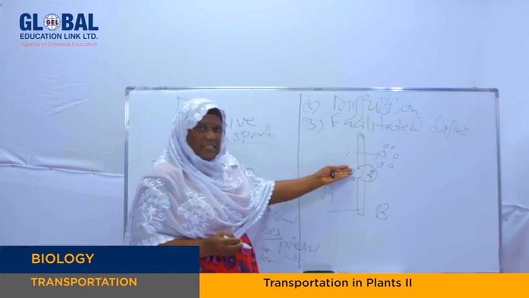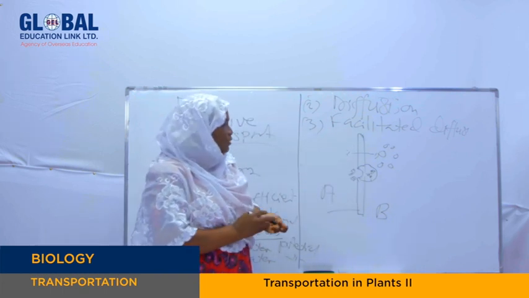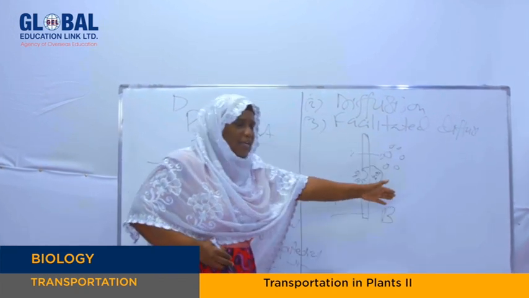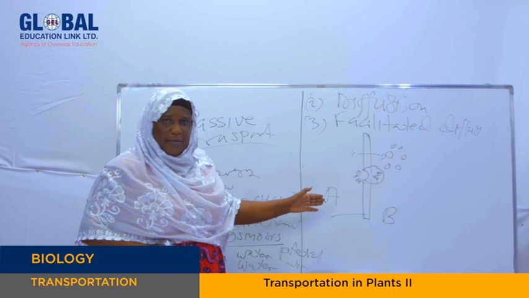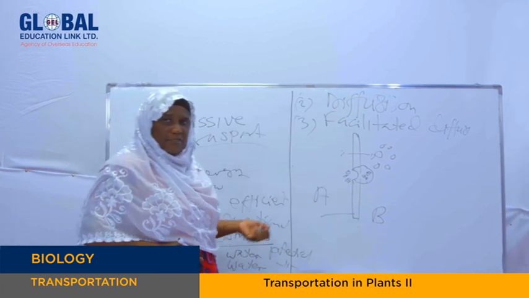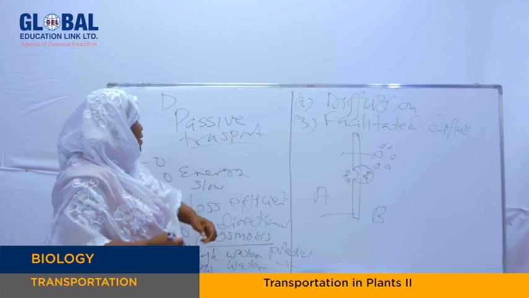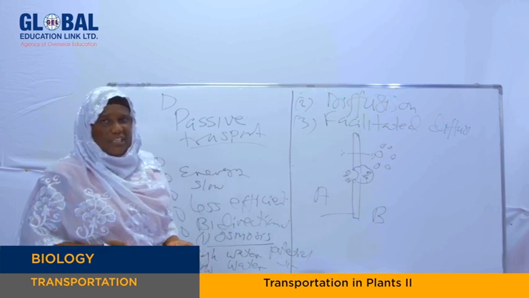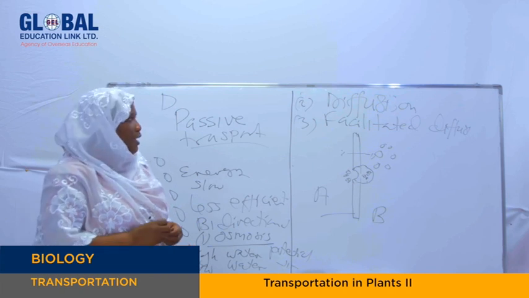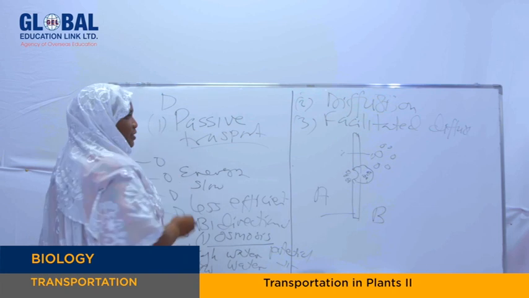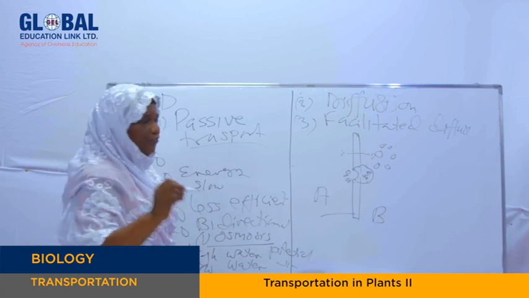And when it opens to this side, it allows the molecule to move from side B to side A. This is also passive means of transporting materials. Energy is not required. And apart from passive, there is also active transport.